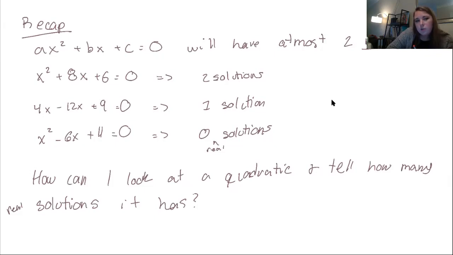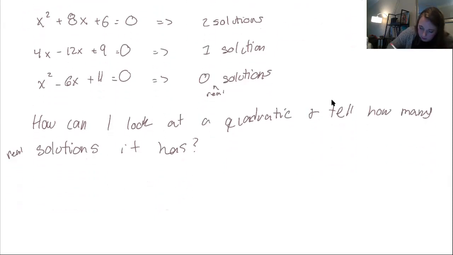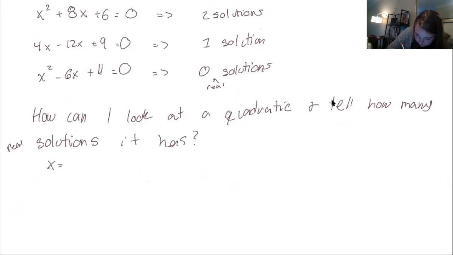Well, foiling it is just expanding after factoring. So if we look at our quadratic formula, x equals negative b plus or minus the square root of b squared minus 4ac over 2a. Which part of this equation was the troublesome part of it?